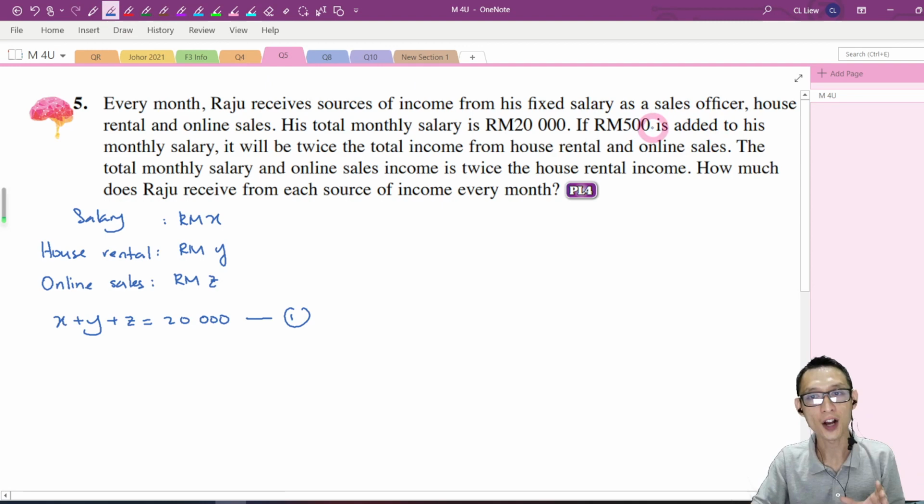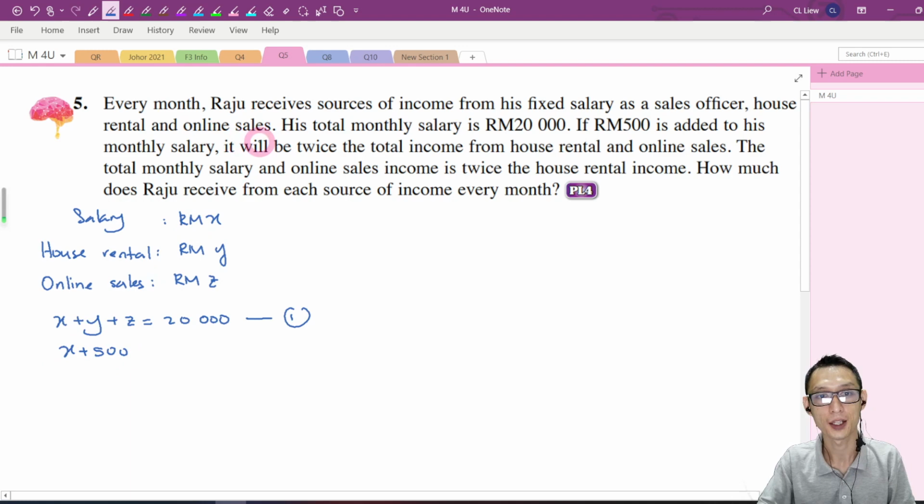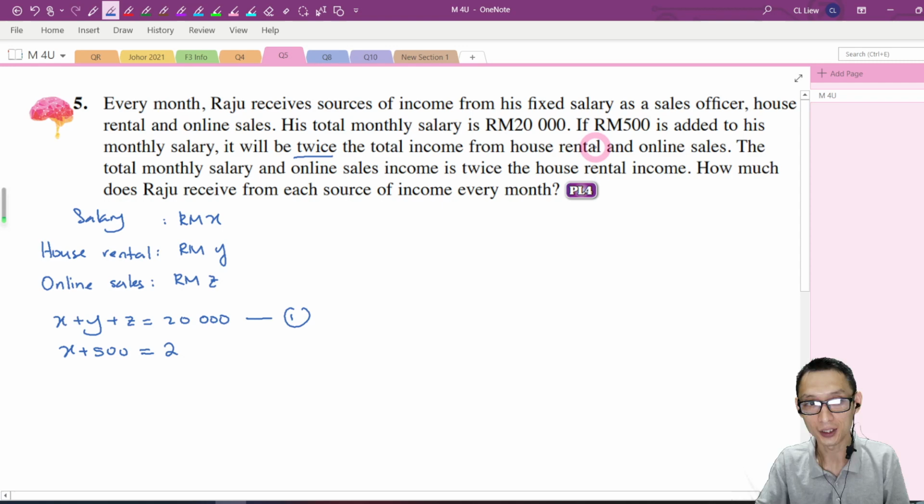If 500 is added to his monthly salary, it means x plus 500. It will be twice the total income from house rental and online sales.